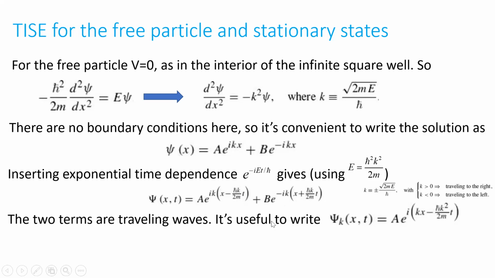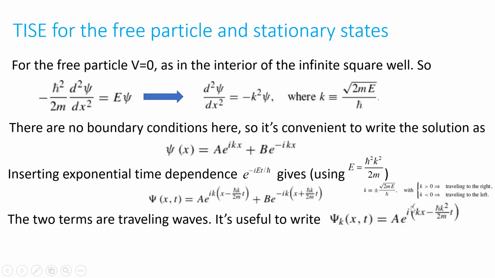So it can be useful to write these in a unified way, as just psi k, similar to the first term, but letting k be either positive or negative. If k is negative, it looks like the second term, because it'll be e to the minus ikx.